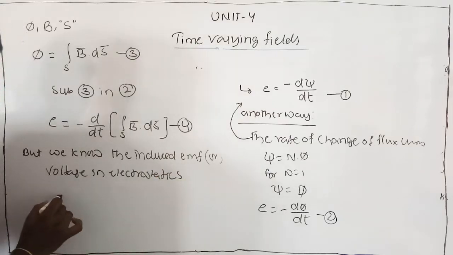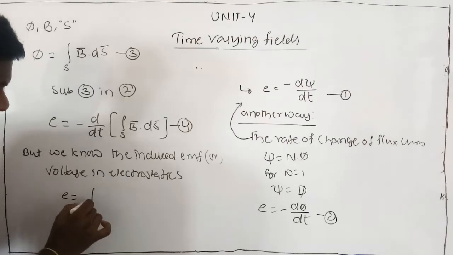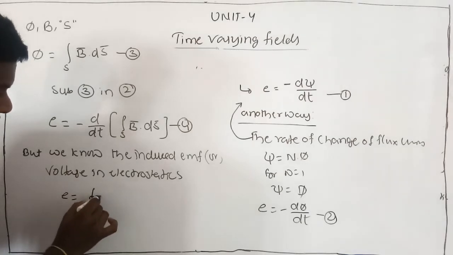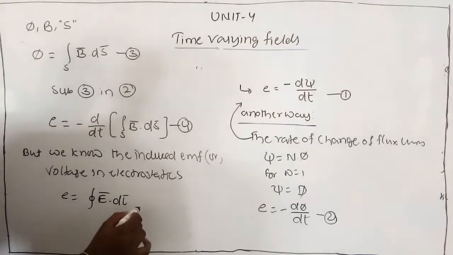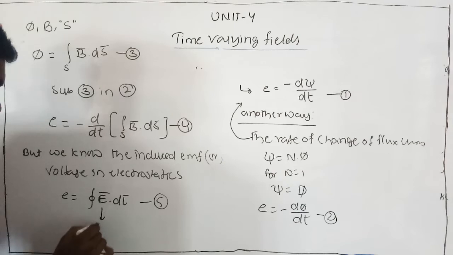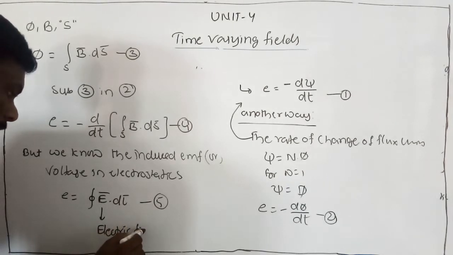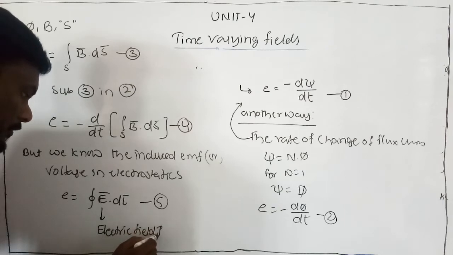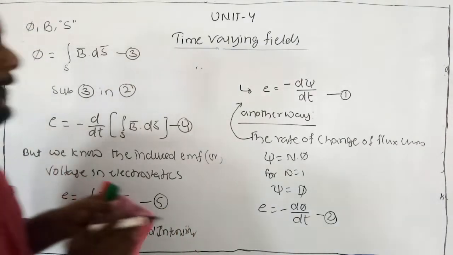It is E equal to the line integration, or circular integration, of E bar dot dL bar. So it is equation number 5, where E bar is the electric field intensity.